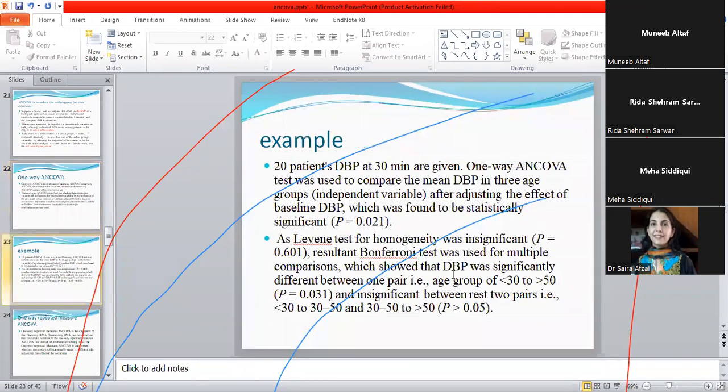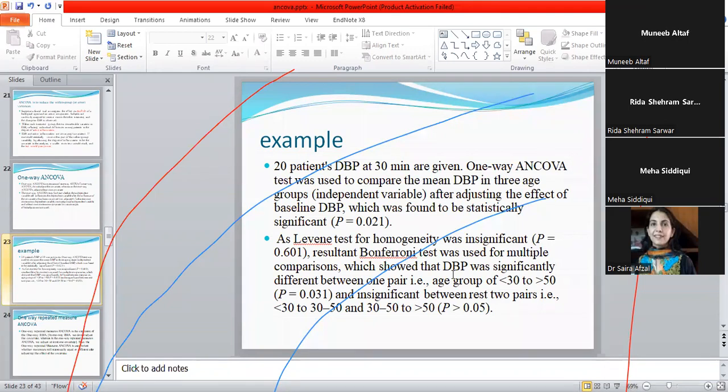Example: 20 patients' diastolic blood pressure at 30 minutes is given. A one-way ANCOVA test was used to compare the mean diastolic blood pressure in three age groups, after adjusting for the effects of baseline diastolic blood pressure, which was found to be statistically significant, with a p-value of 0.02.